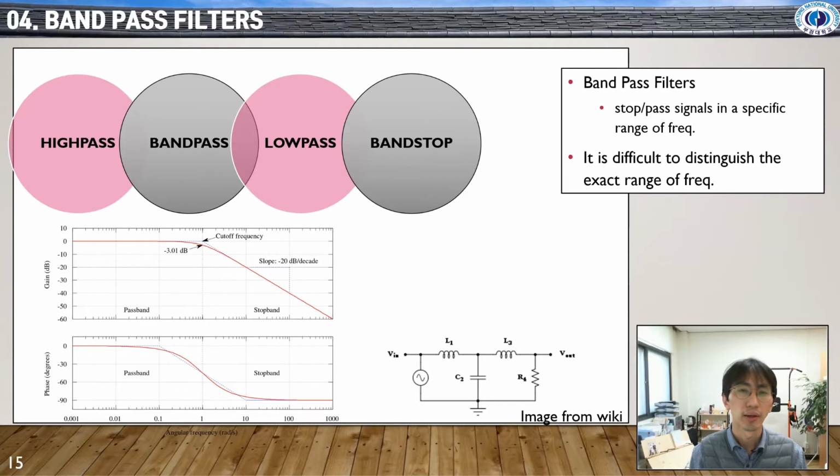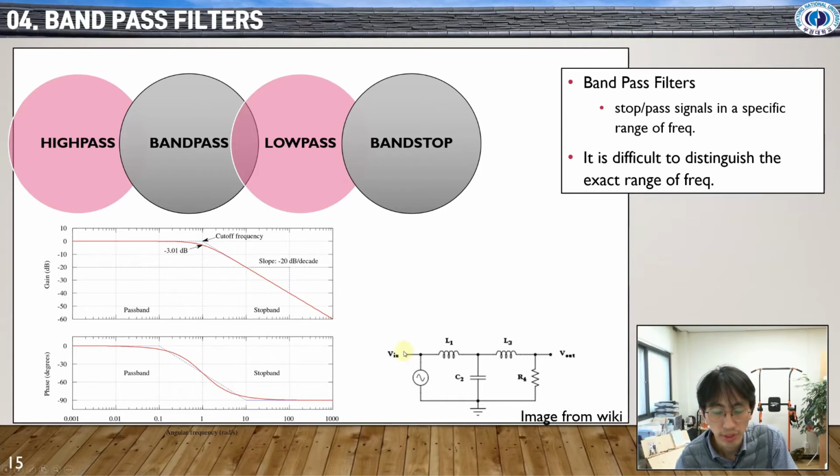If this kind of concept is ideally implemented, then it is perfect. But there is a problem, because distinguishing a specific range of frequency exactly is very difficult. These images are the implementation of the low pass filter.